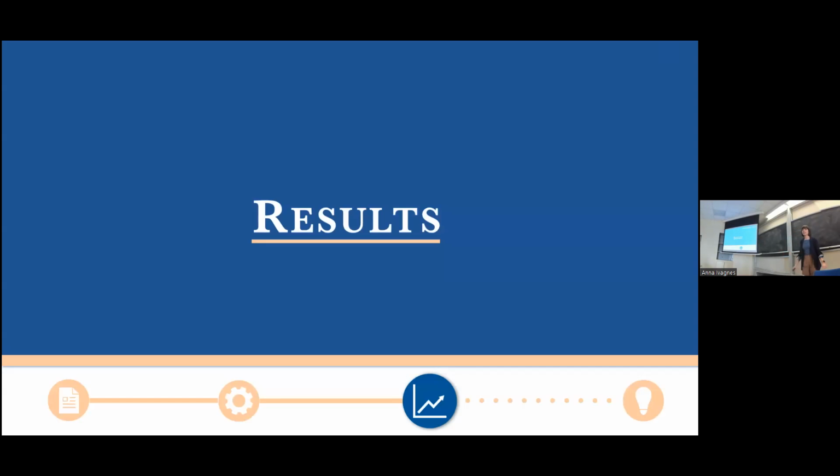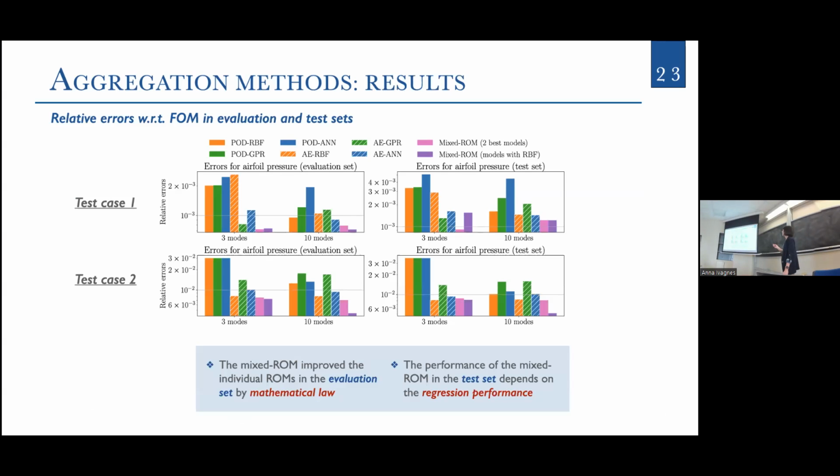Okay, finally some results. So this slide is to show just very quickly some relative errors with respect to the full order model in the evaluation set in the first column and the test set in the second column.